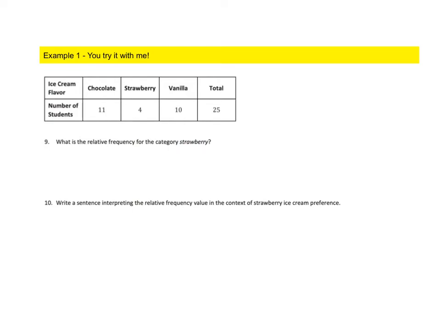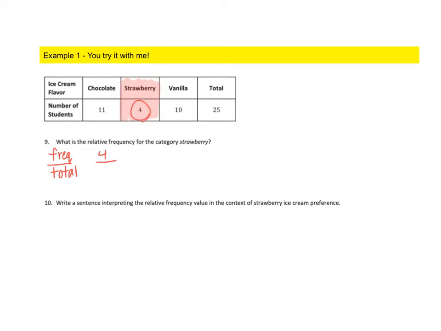All right, so I want you guys to try this with me. It says, what is the relative frequency for the category strawberry here? So we're going to be looking at strawberry. And remember, we want our frequency divided by our total. So what was the frequency for strawberry? It was 4.